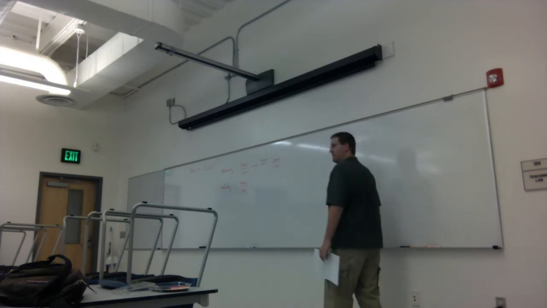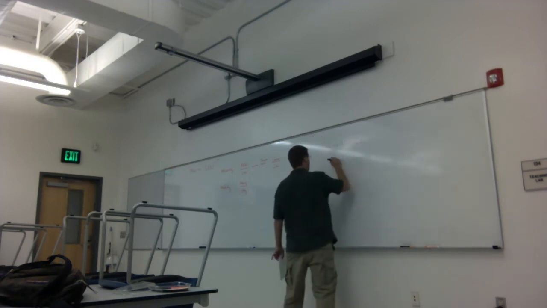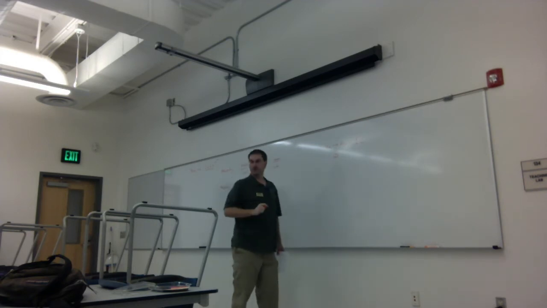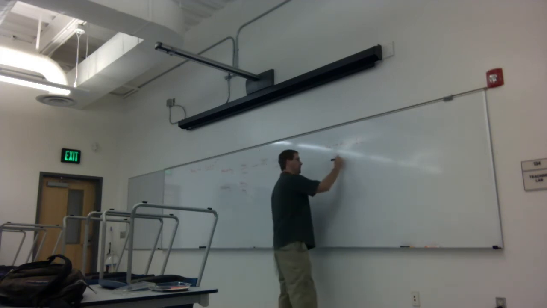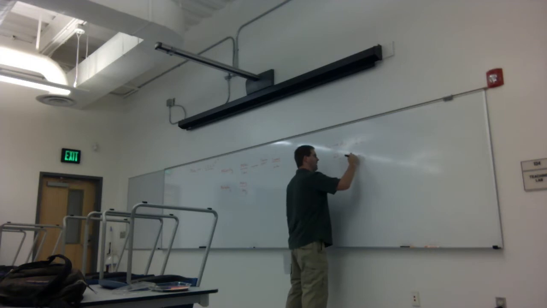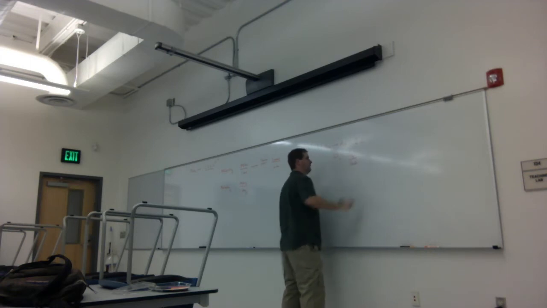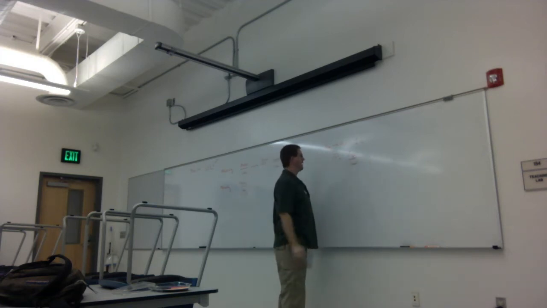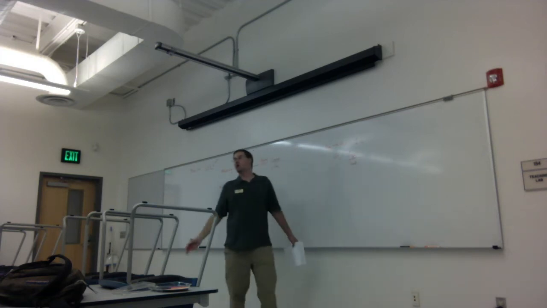And I know this because I know the density, this rho, that's just an abbreviation for density. The density of water is 1 gram per 1 milliliter. So if I had 1,000 milliliters, I'd have 1,000 grams or 1 kilogram.